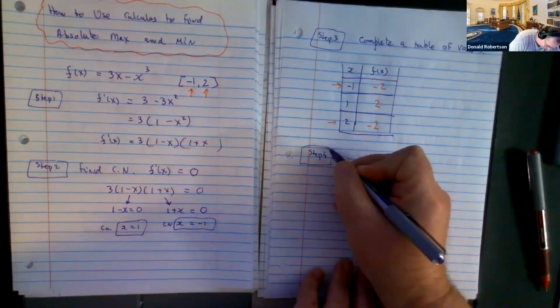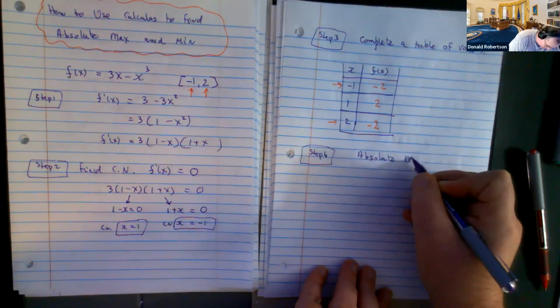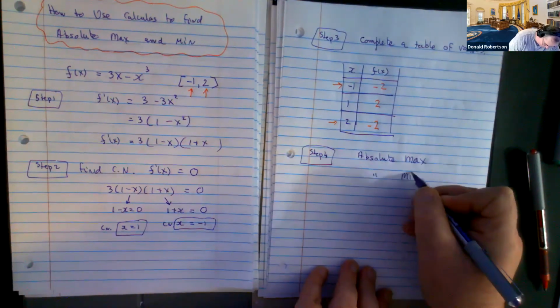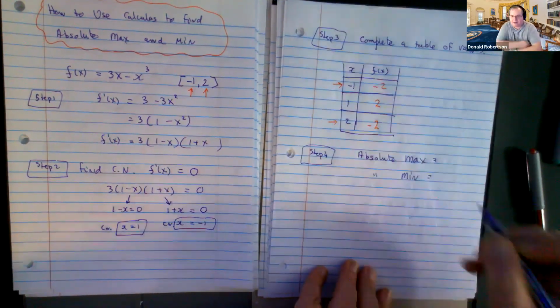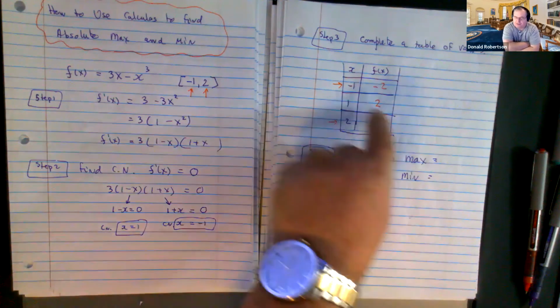There's going to be an absolute max, and there's going to be an absolute minimum. Okay, look at that table. What value of x do you get the biggest answer? Because the answer has to be in this table, nowhere else.